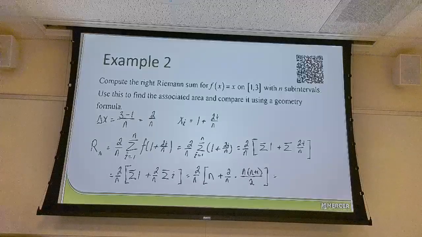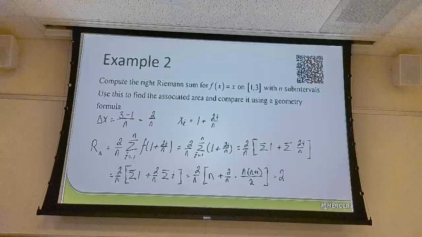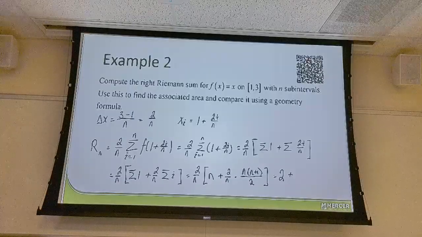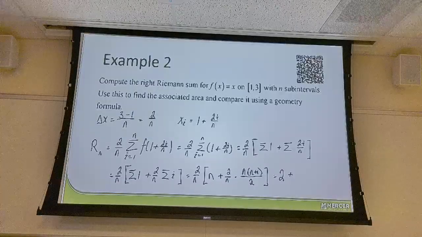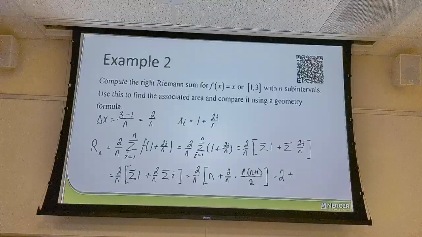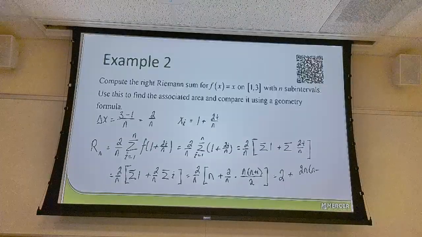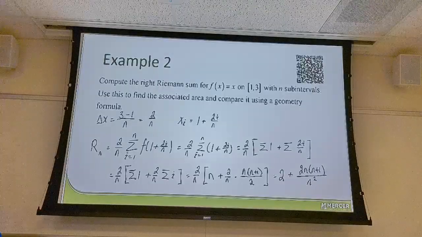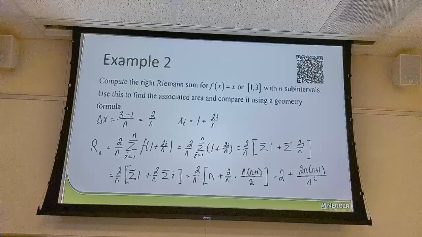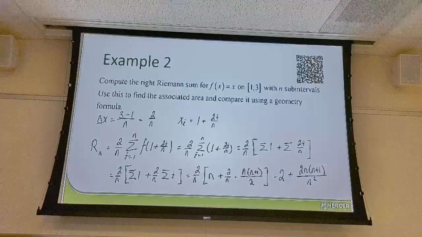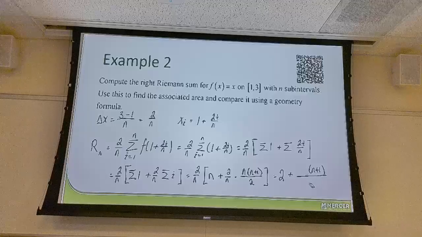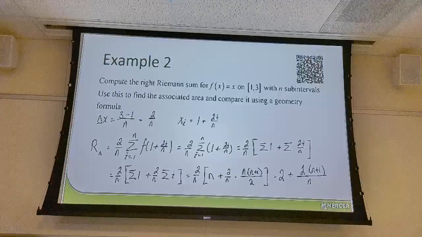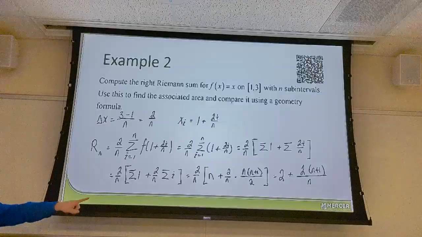Distribute that 2 over n through. And those 2's are going to drop out. Oh, but really then, I can just write it this way, right? There's the Riemann sum.